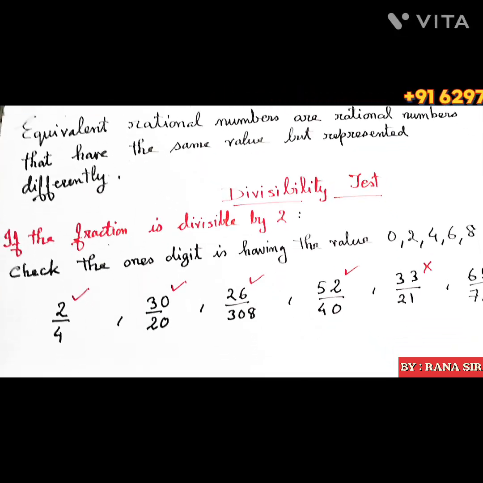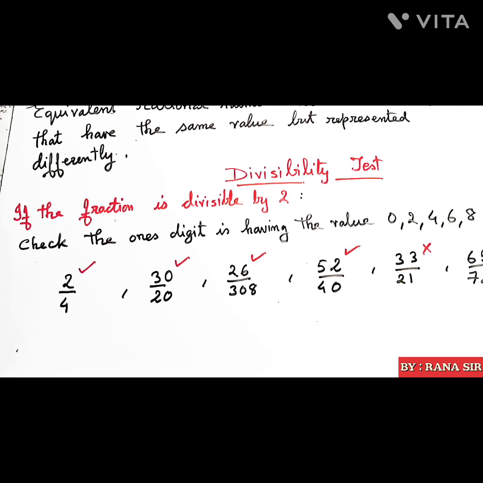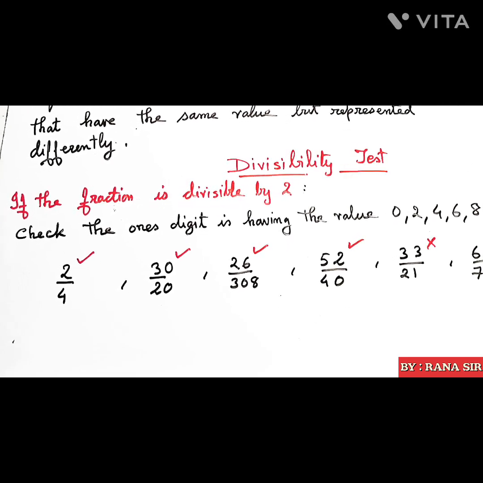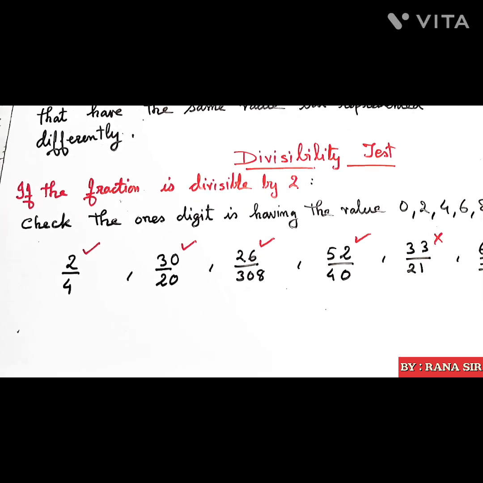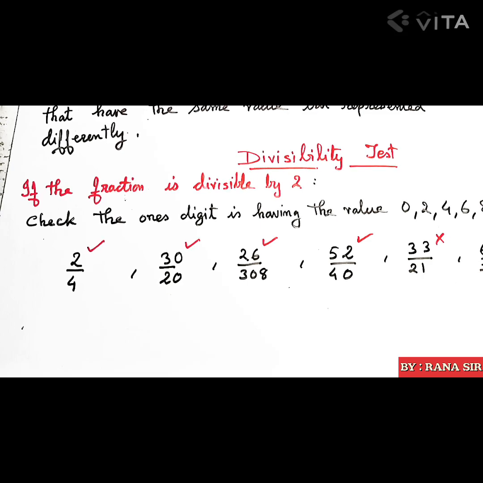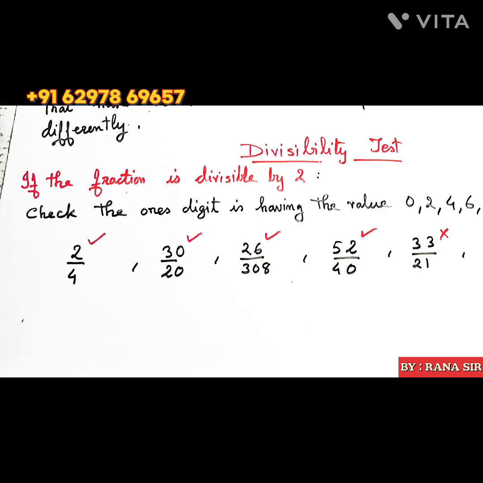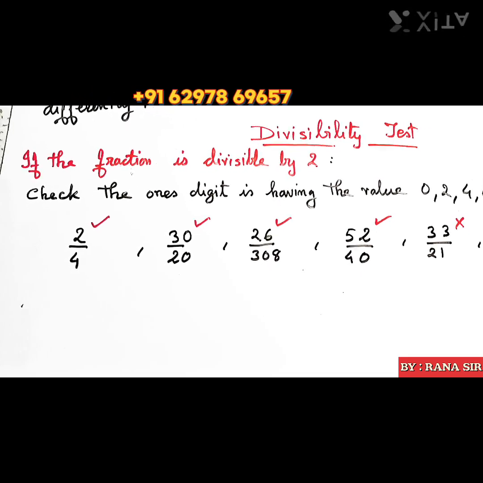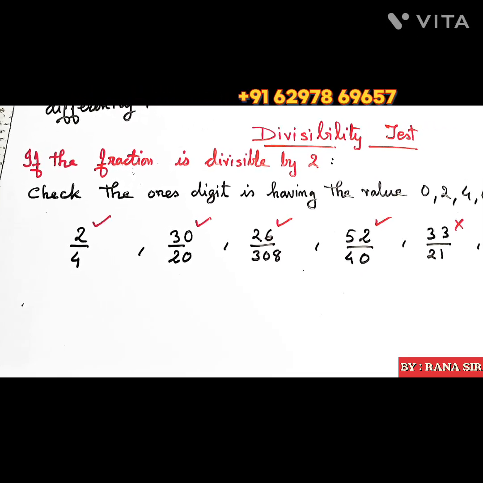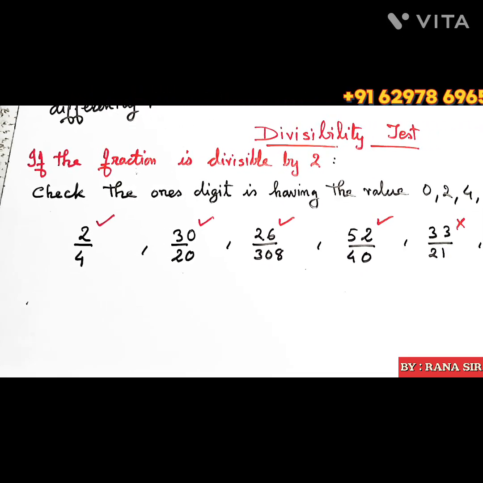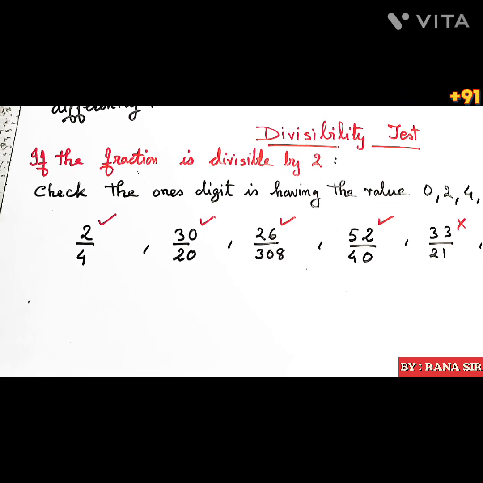Now before we proceed, let us learn some divisibility tests. This will be very important in the upcoming sections of the chapter. First divisibility test: whether the fraction is divisible by 2. Looking at the fraction, we can check whether it is divisible by 2.